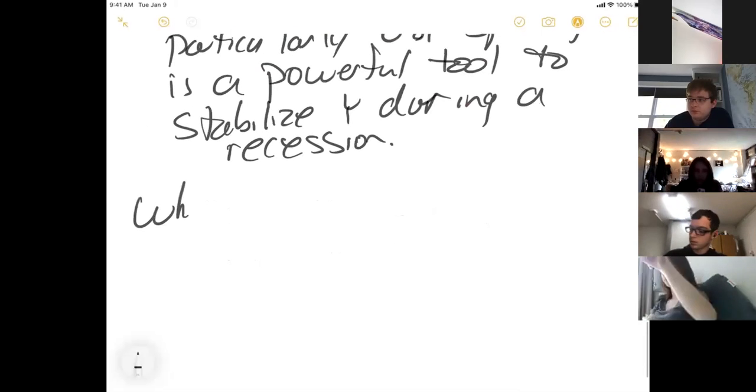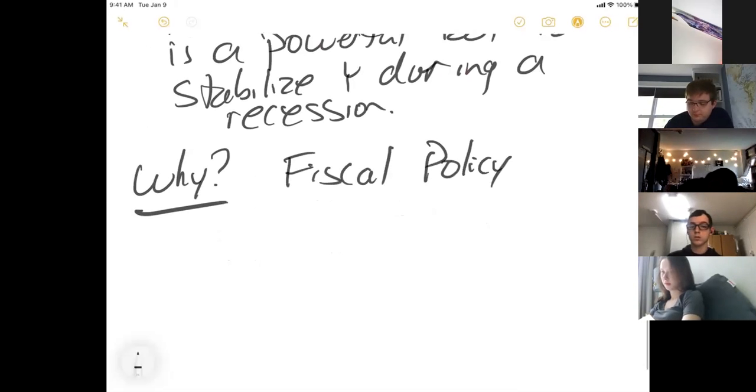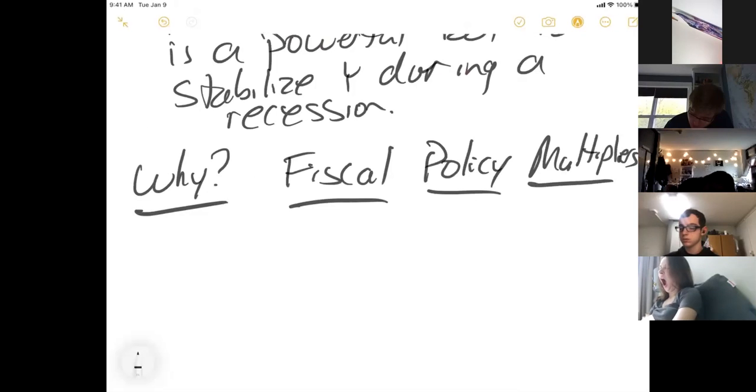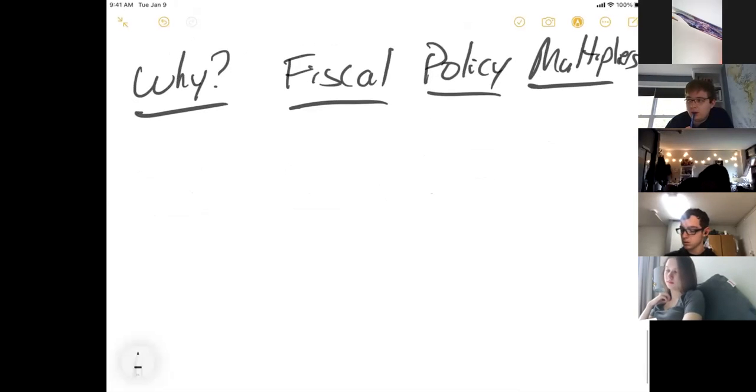Well, Keynes believed in the existence of fiscal policy multipliers. What is a fiscal policy multiplier? That's our next question here. What is a fiscal policy multiplier, and how does this help us understand why Keynes thought that fiscal policy was so powerful in stimulating output?